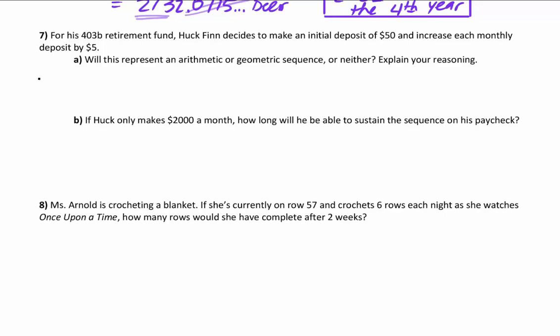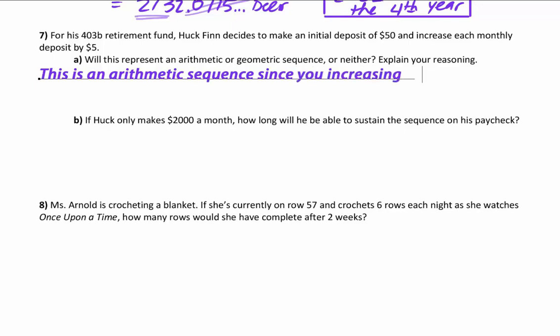But this is an arithmetic sequence, and that is since you are increasing your deposit just by $5 each month, this is just adding, it's not multiplying.